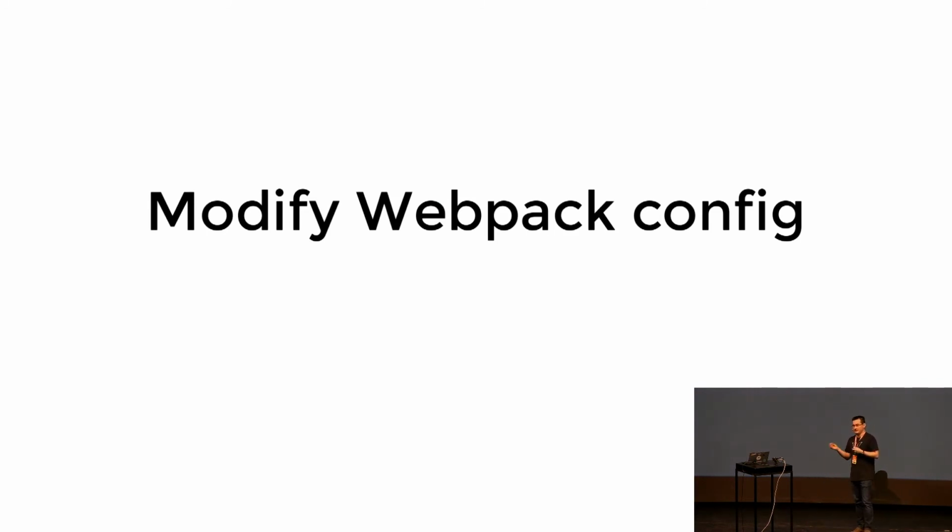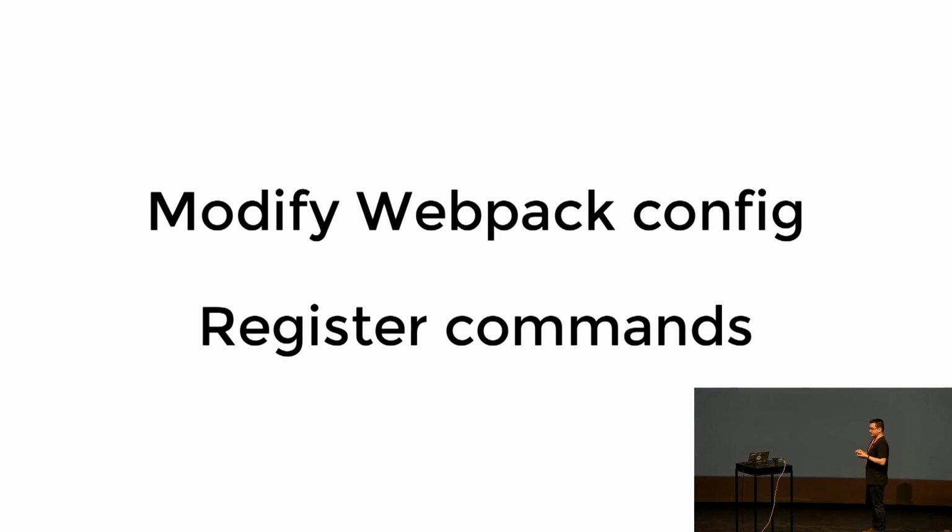So it can add loaders and add plugins for the user. And it can also register commands. So for example, the Cypress plugin built into Vue CLI 3 can declare the test end-to-end command. So you can just run it and then it will open Cypress.